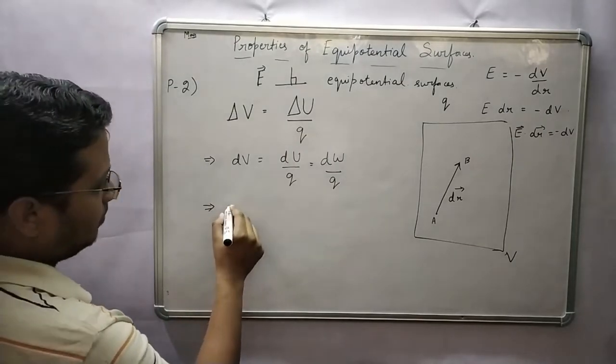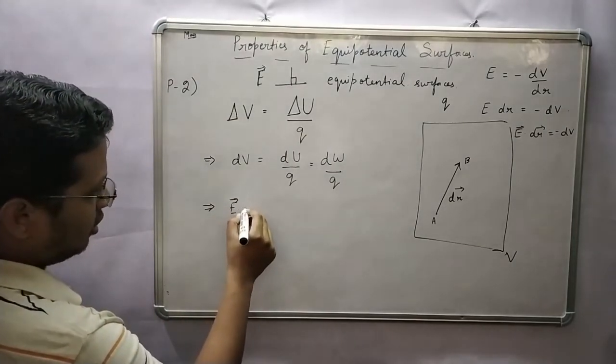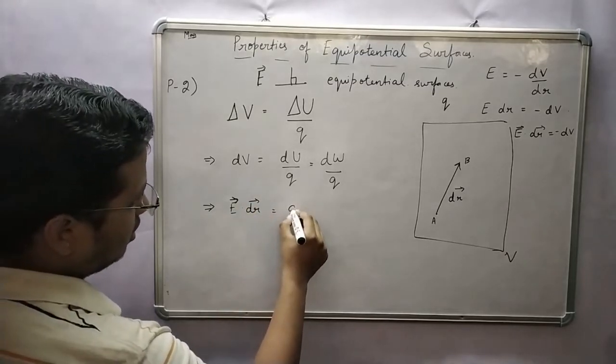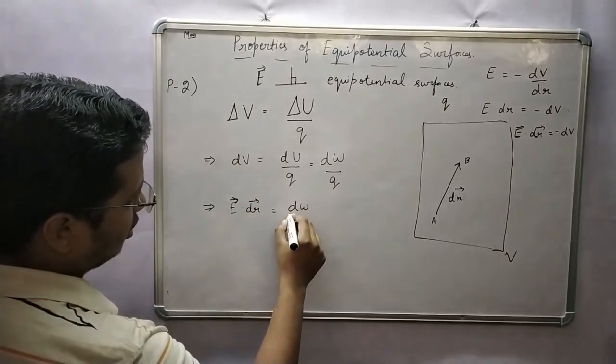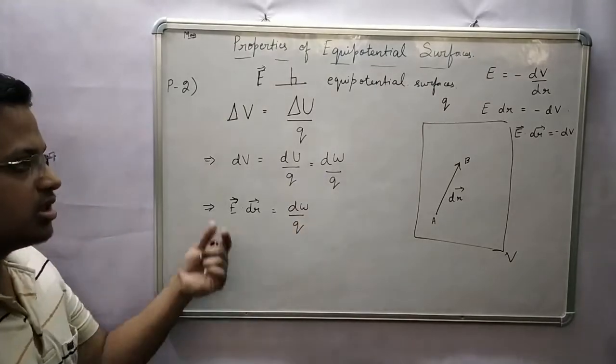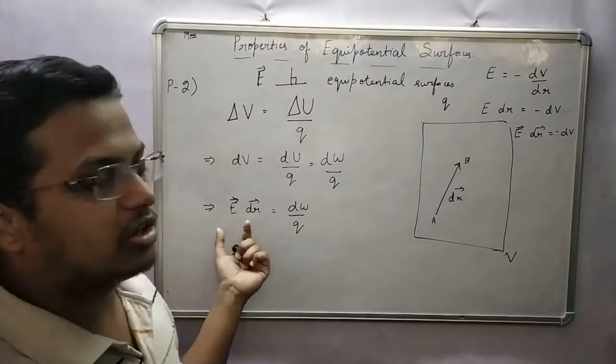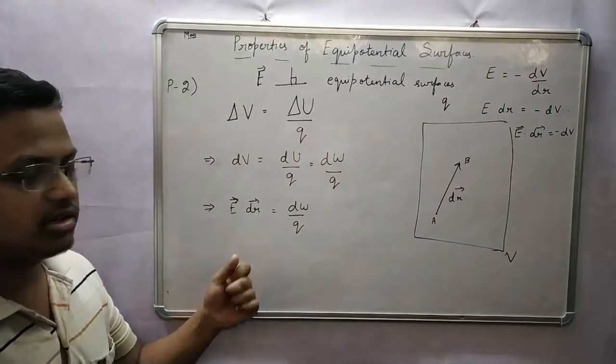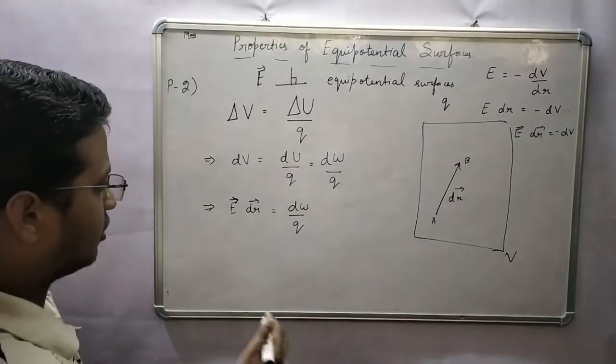So this will become E dot dr is equal to dW by q. Instead of dV, I am applying E dot dr. I am neglecting the minus symbol, keeping in mind the direction.